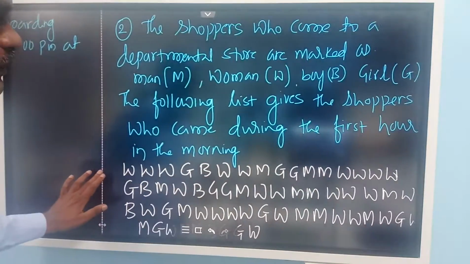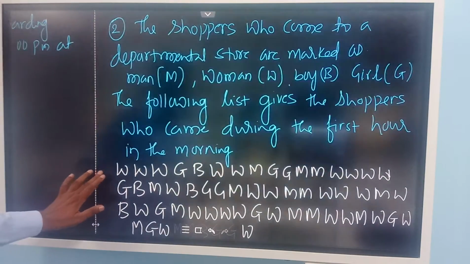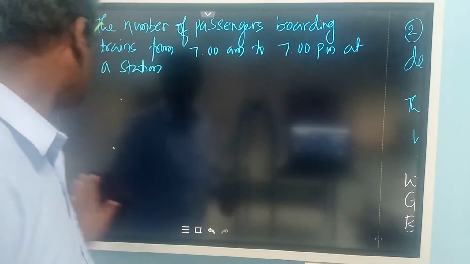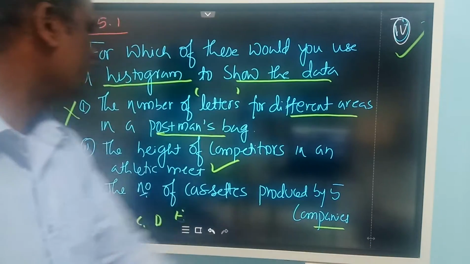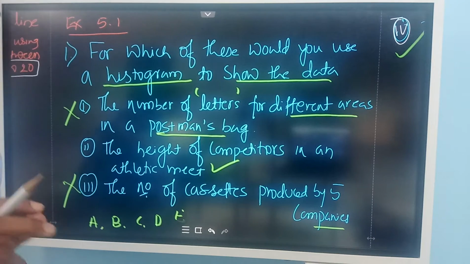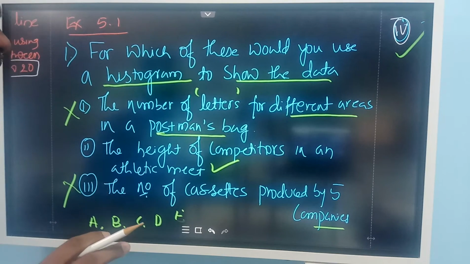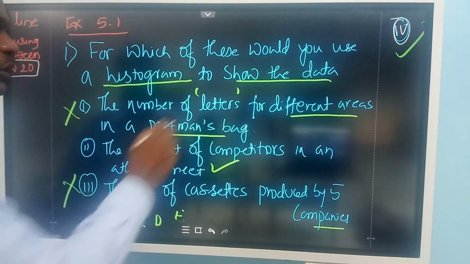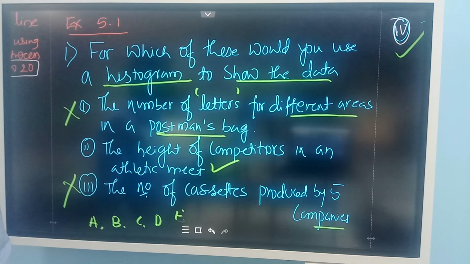Sir, they also asked the reasons for each of these. The reason you cannot classify: it cannot be grouped, you cannot make class intervals here. The villages cannot be grouped.